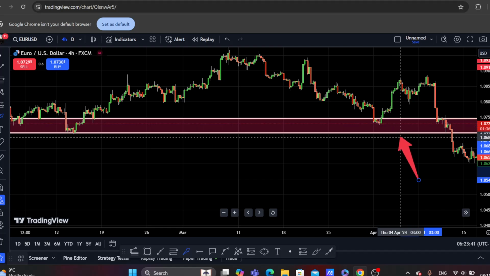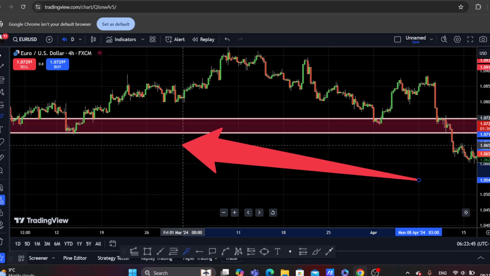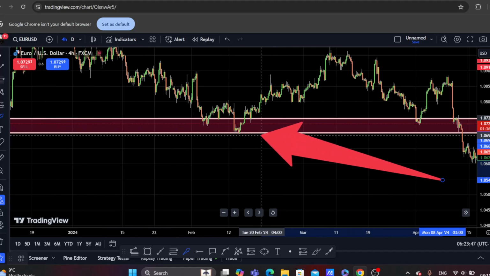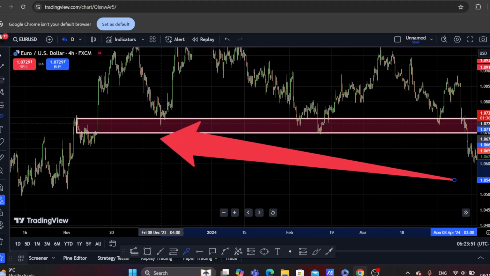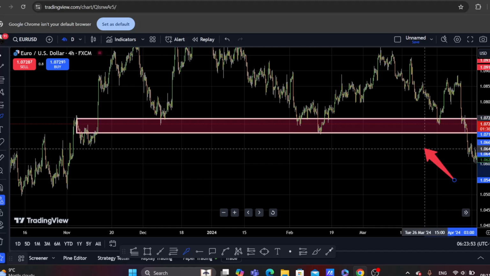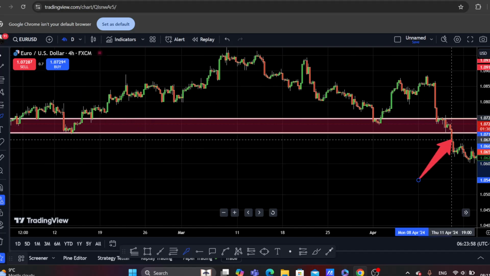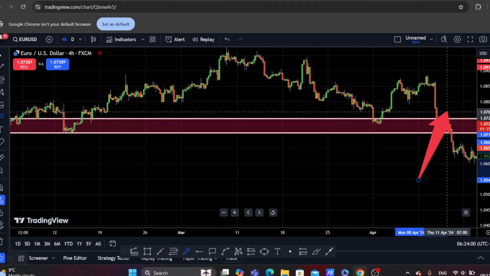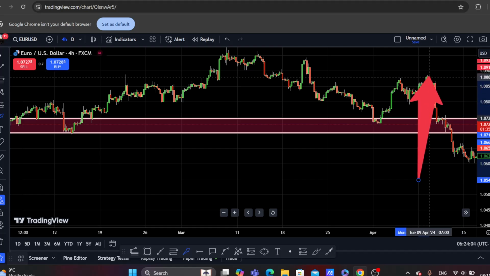This level is created to manipulate the retail traders. When you see support and resistance levels like this, they are created to manipulate retail traders. So we had a breakout. People have gone short. They've placed the stops above this high here or above that high there.